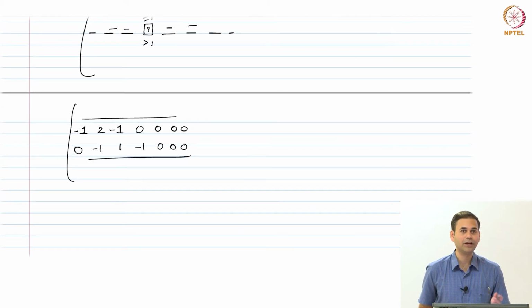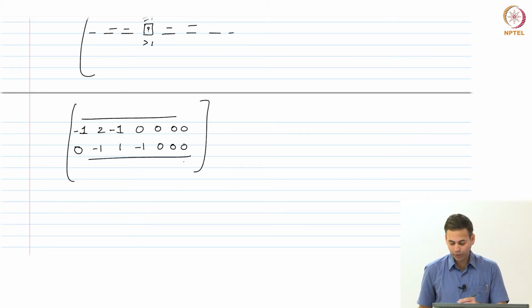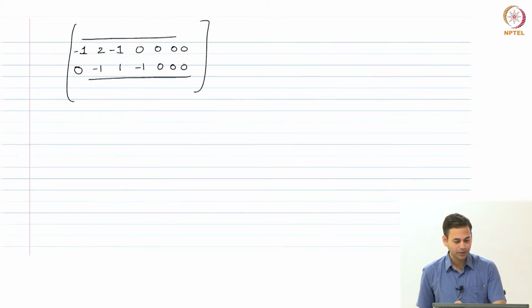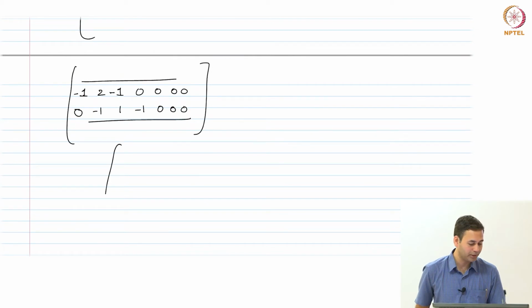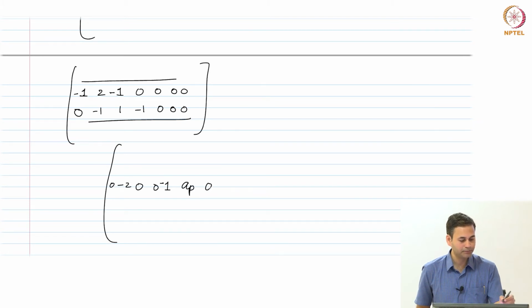The question is, if we have more neighbors, what shall we do? We have to take all the neighbors. For example, let us say we go to 2 dimensions and put in the matrix. I am looking at some interior row, where this is my AP term and then I have some non-zero terms: 1, 0, 0, minus 1, minus 2, 0, then minus 1, 0, 0, minus 2, 0, 0 and so on.